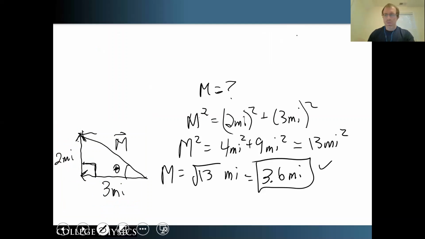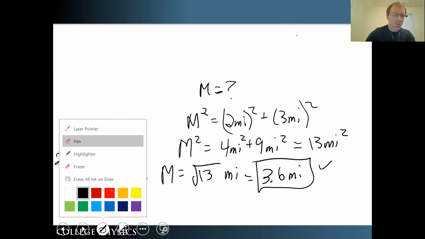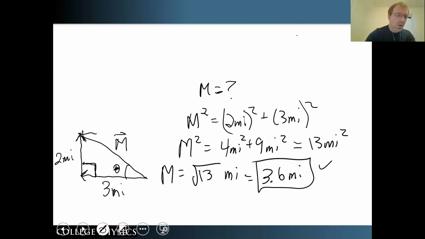Well, if I look at that angle theta and I look at the sides that I have, I've got the adjacent side to theta and I've got the opposite side from theta. So this looks like, let me switch ink colors, opposite right there, and adjacent right there.